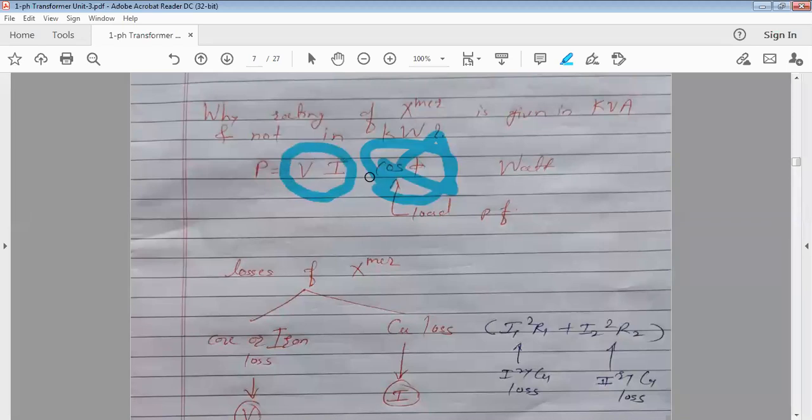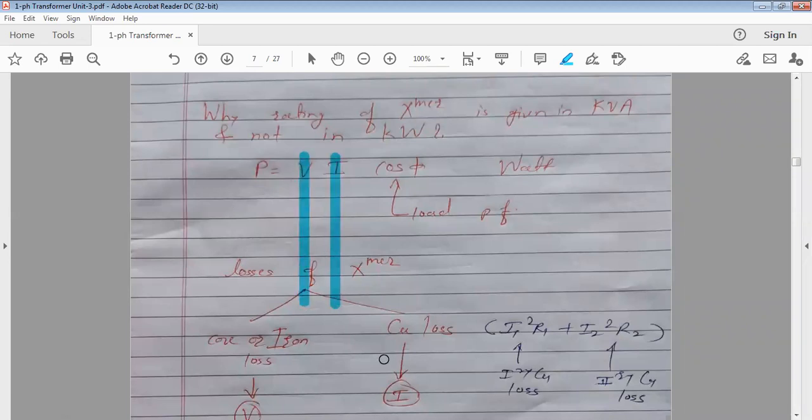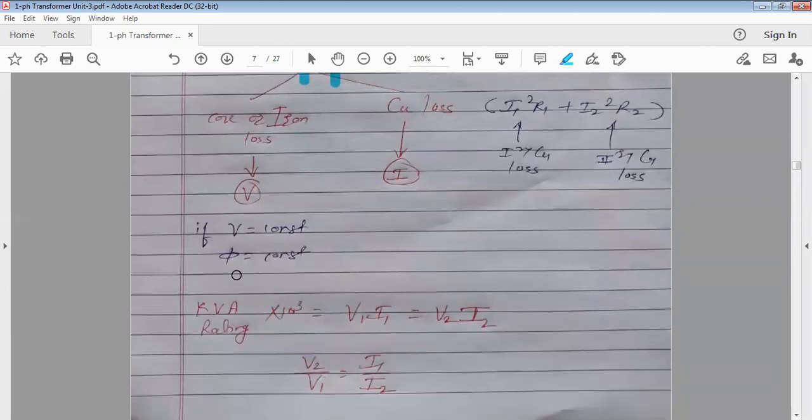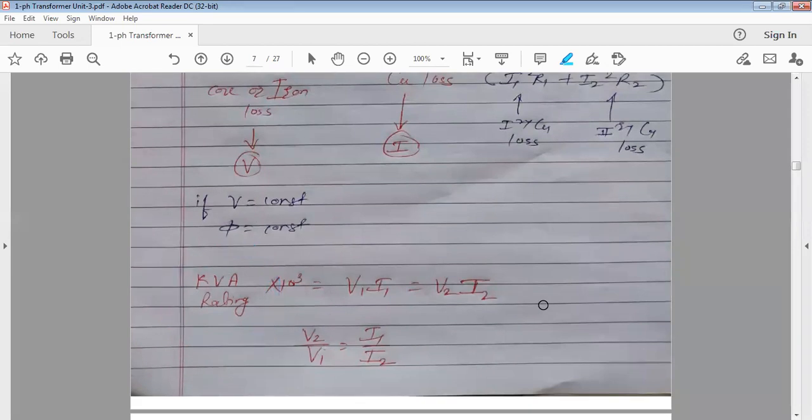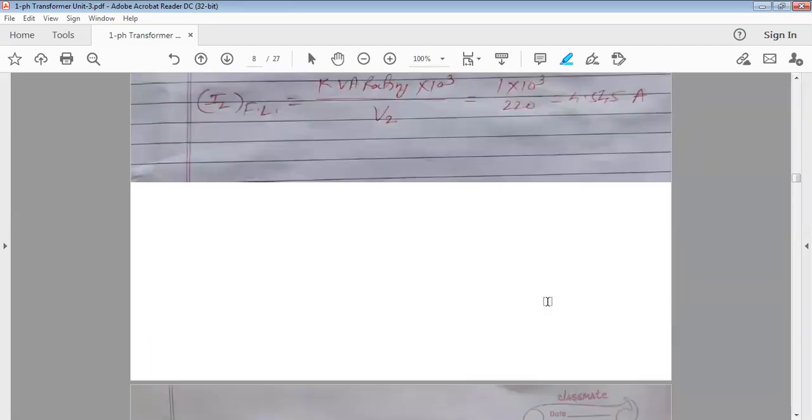Another reason is, of the losses which take place in a transformer, copper loss depends on current, core loss depends on voltage, and that's why the rating of a transformer is given in kVA and not in kilowatt. Okay, so this is about the losses and kVA rating of the transformer.